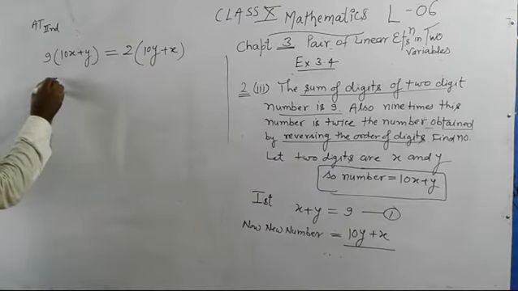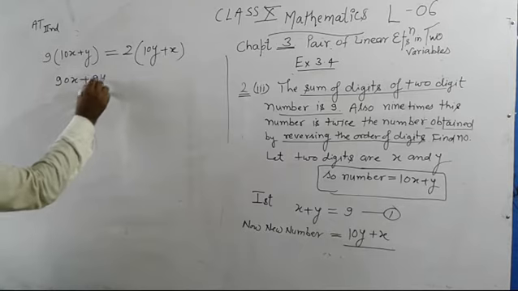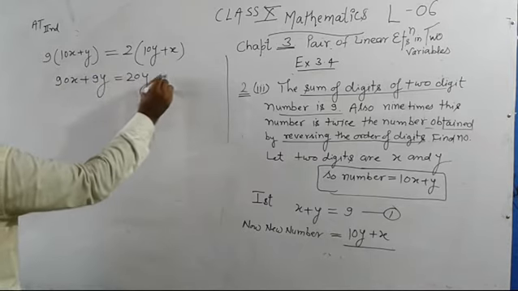Now we have 90x plus 9y is equal to 20y plus 2x.